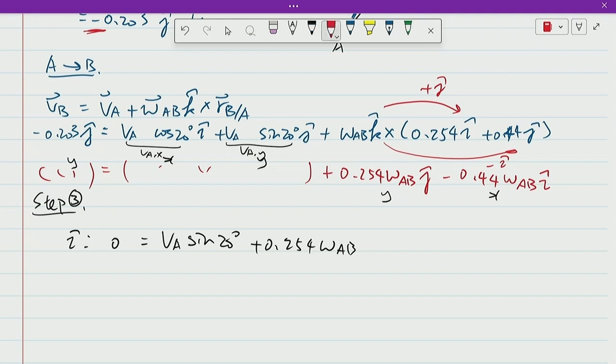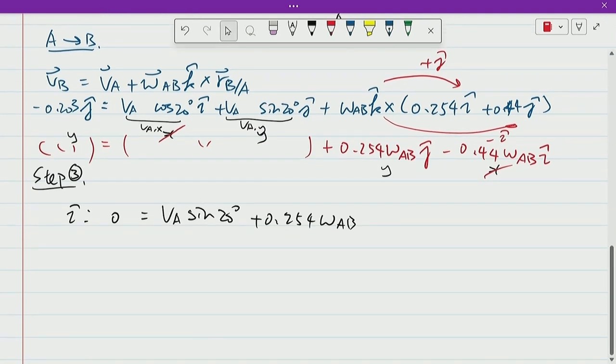So we got two terms. Again, cross them out as you're done with it, just to make sure you haven't missed anything. We can rearrange this into omega AB equals VA. Oh, yep, that's right. That's actually cosine 20 degrees. Cosine 20 degrees plus, wait. Oh, whoops, my bad, I copied the wrong equation.